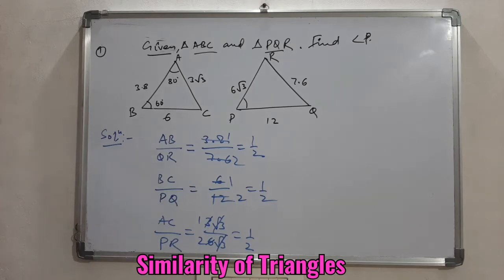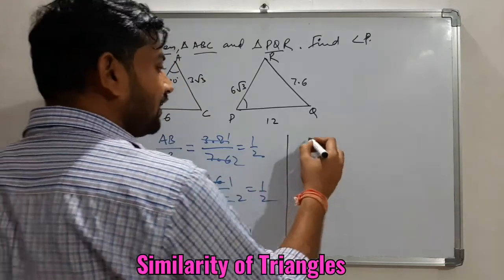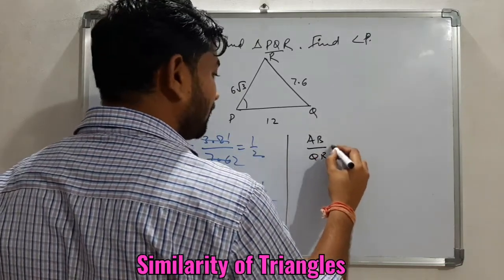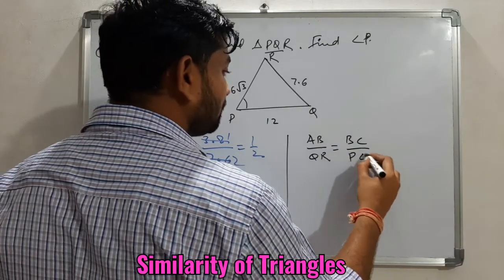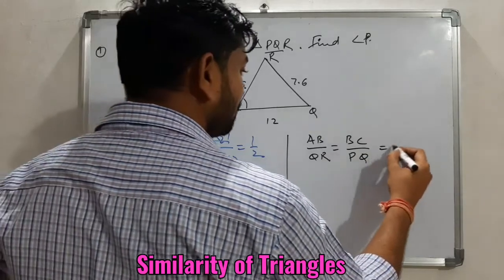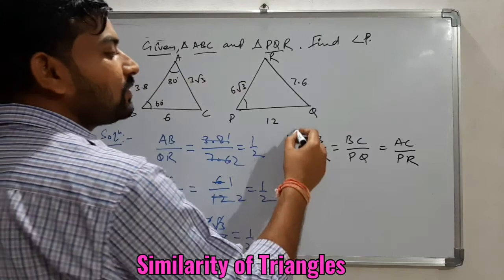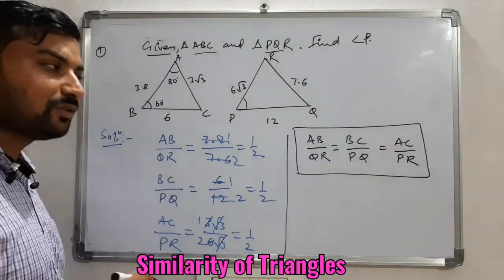So here, if we look at these three results, we are getting a very important result. AB upon QR is equal to BC upon PQ is equal to AC upon PR. What does this mean? The ratio of corresponding sides is equal.